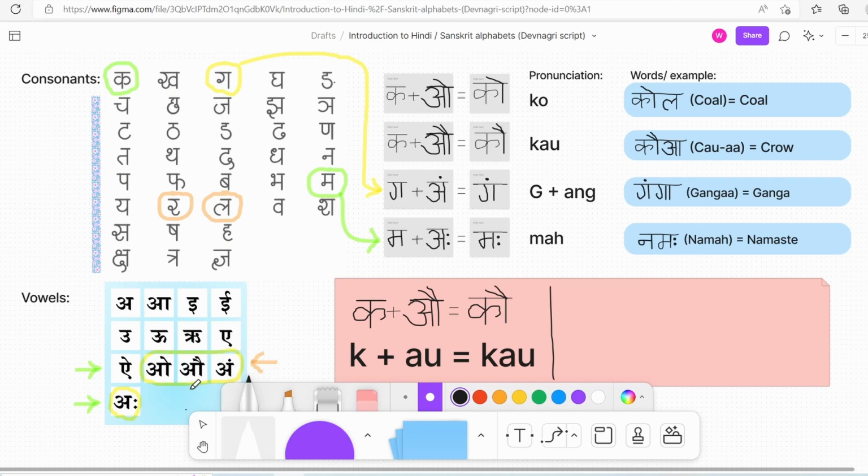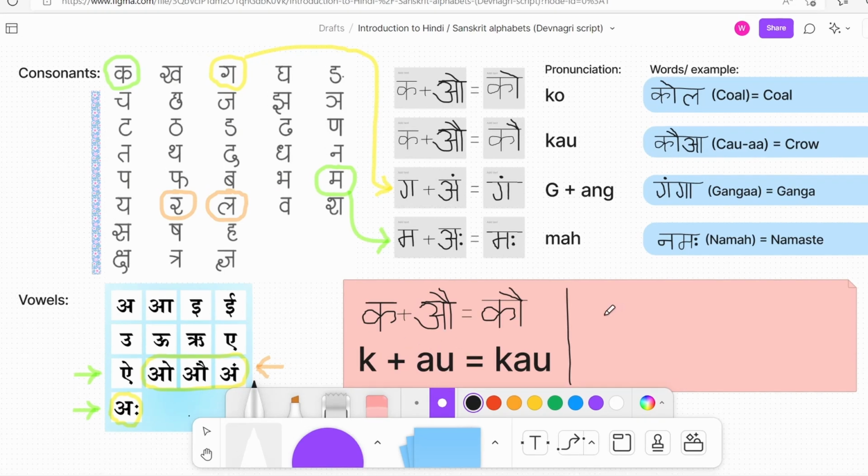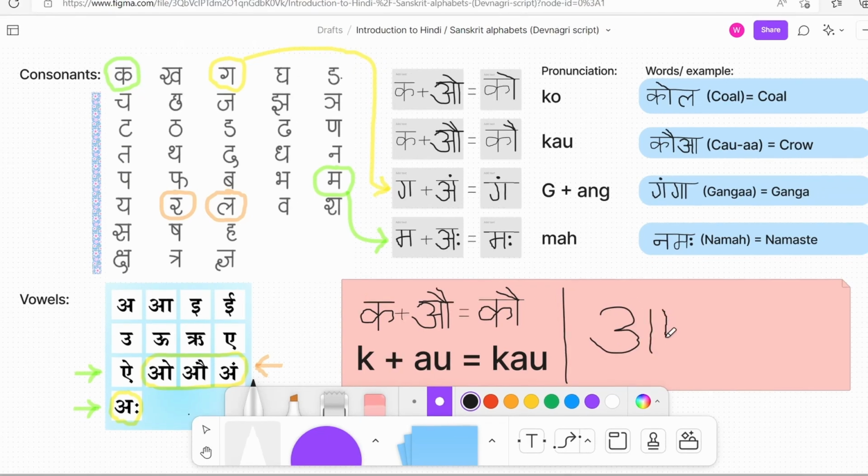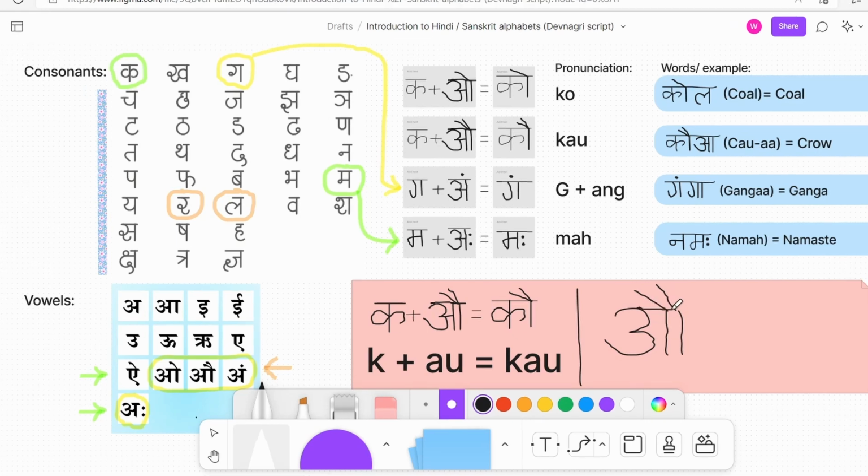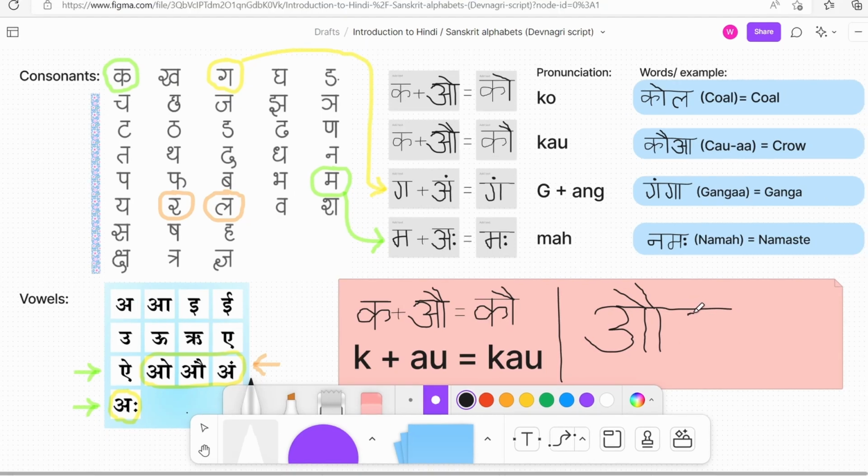You could also use O as it is without any consonant. For example, O and ra.